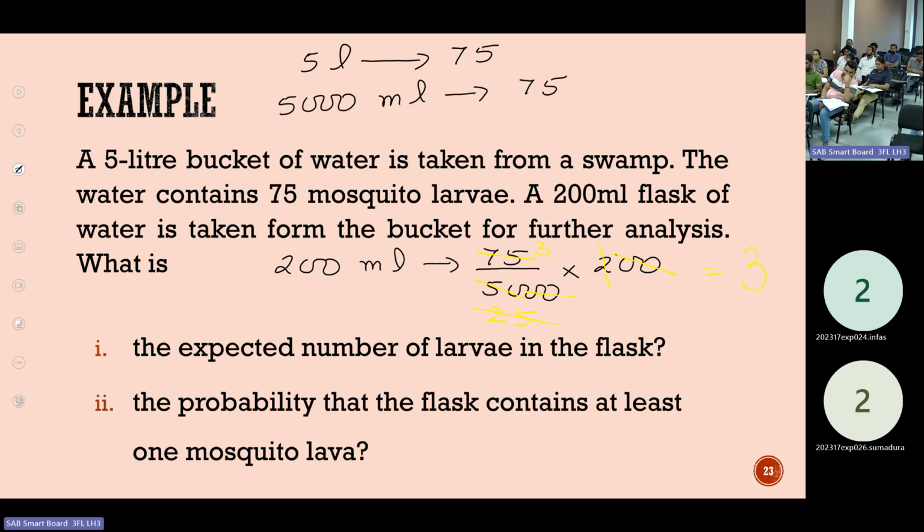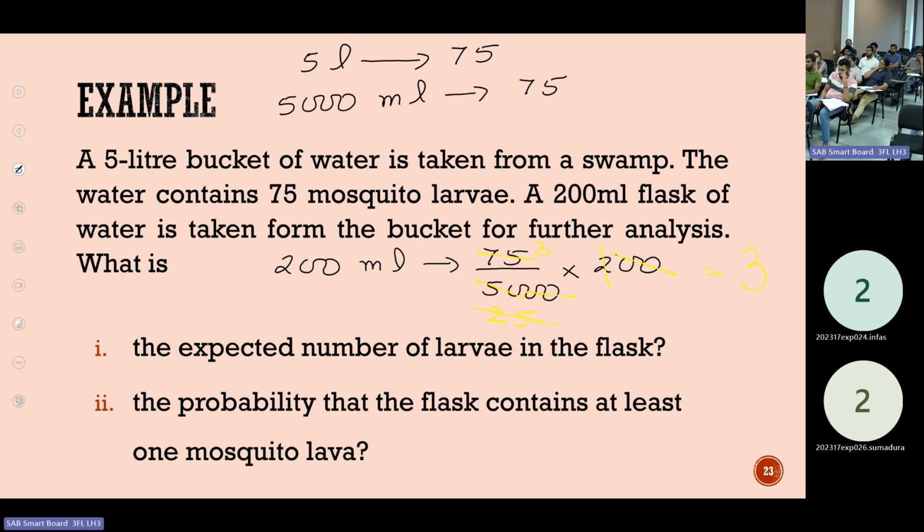So how should we define the X? Number of mosquito larvae in the flask.